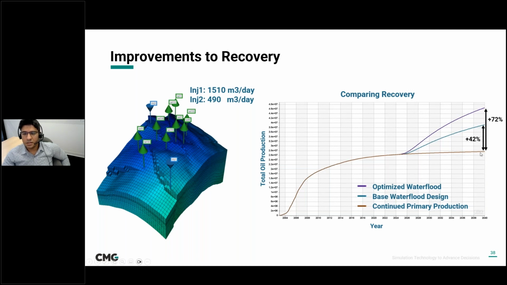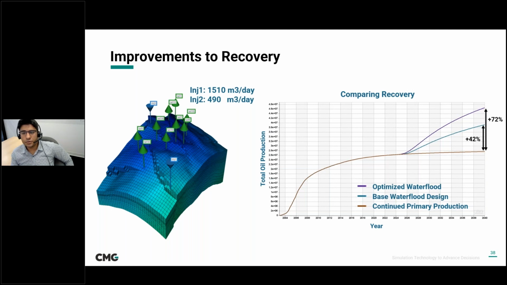What you see here, the red or orange line is our base case without any injection, and then this blue curve shows our base case for water injection, just by adding 2 injector wells, and this was easily done through Builder.